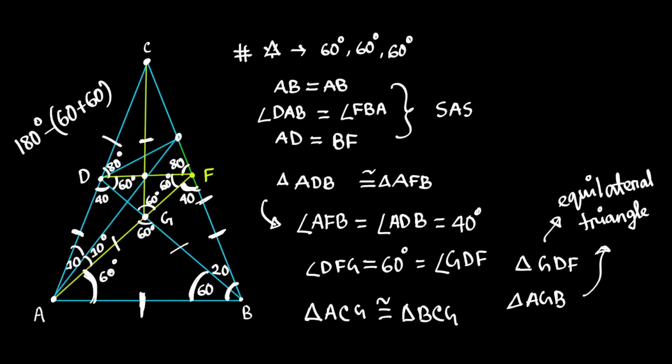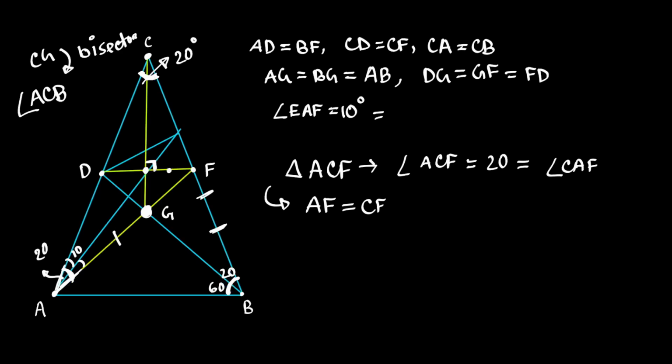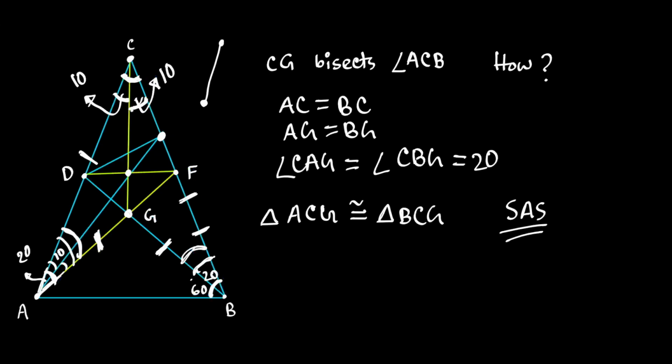After that, we could say that ACG and BCG were congruent. Then we proved that we have two equilateral triangles, AGB and DGF. Then we went here. We proved AF is equal to CF. This was indeed a very tedious problem.